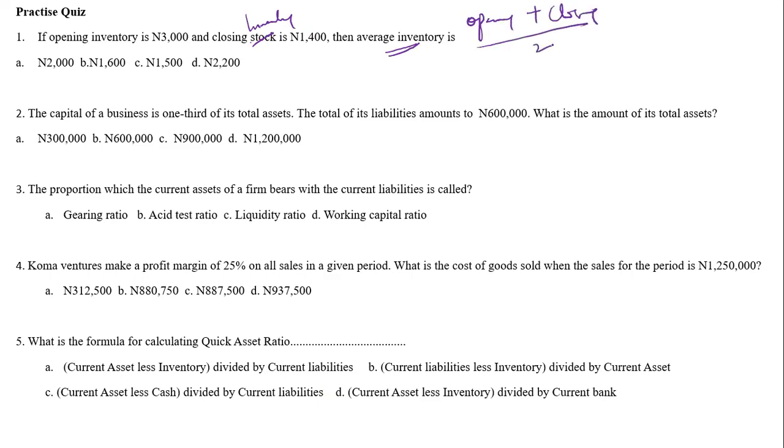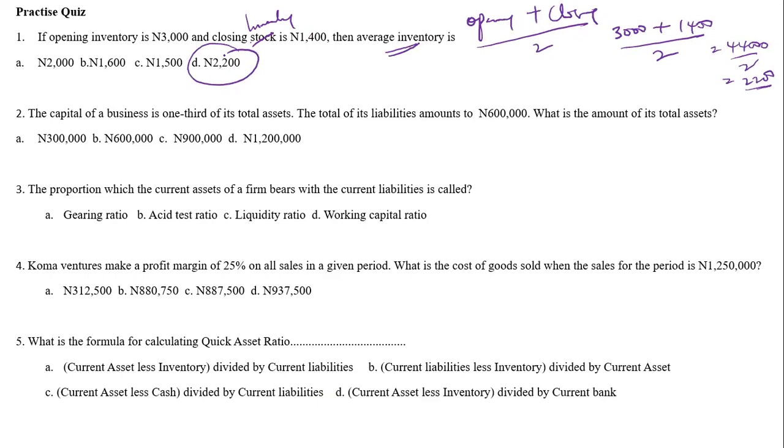So that is 3,000 plus 1,400 divided by 2. This is 4,400 divided by 2. What's going to be the answer? 2,200. So the best option there is D. D for distinction.